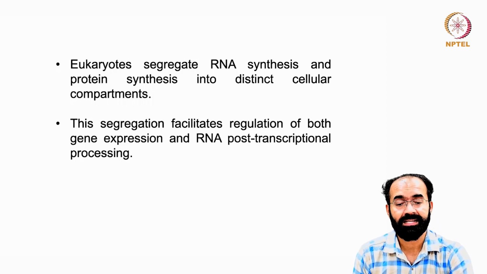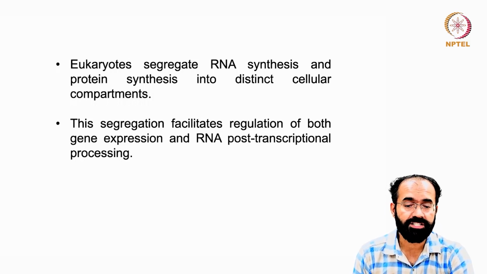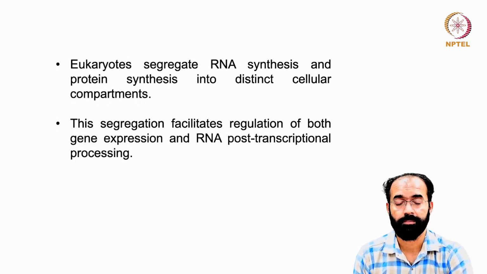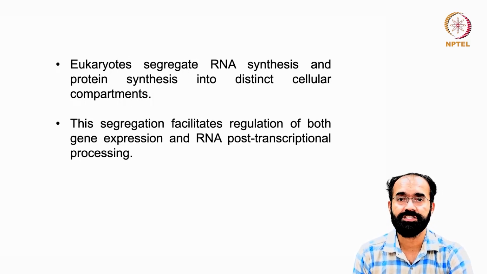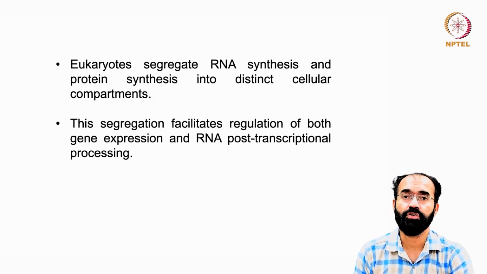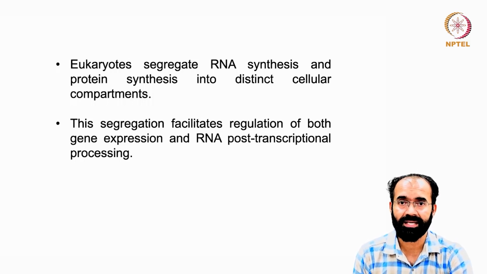This segregation facilitates regulation of both gene expression and RNA post-transcriptional processing. Both are needed. Having a feature doesn't ensure anything. Having a feature and retaining that feature across the evolutionary time scale simply means that it was needed, that it was utilized, and that it was advantageous.